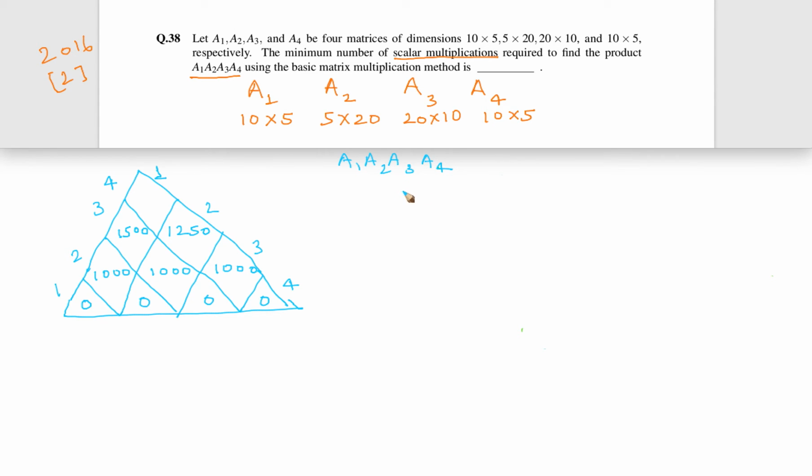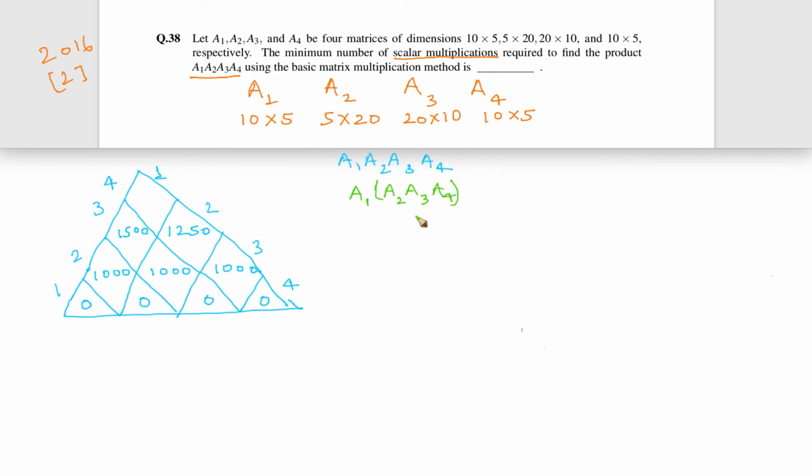One of the ways can be A1 and then the rest, so we are splitting it in terms of smaller subproblems. This matrix chain multiplication is of length 4. Till length 3, length 1, length 2, length 3, we have solved all. Using these subproblems we will figure out the matrix chain multiplication of length 4.